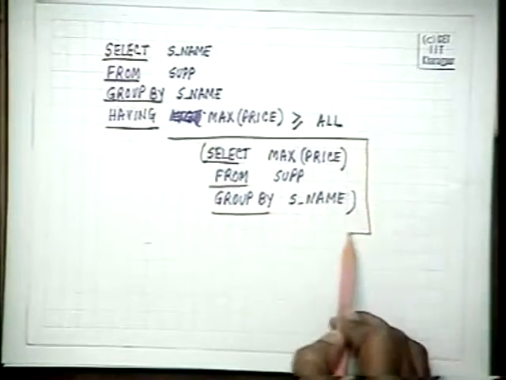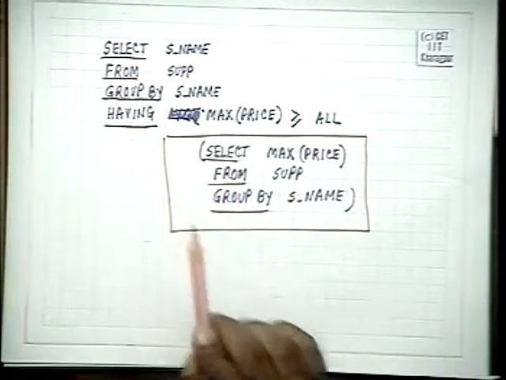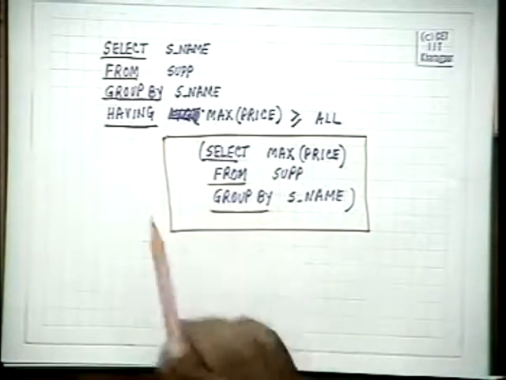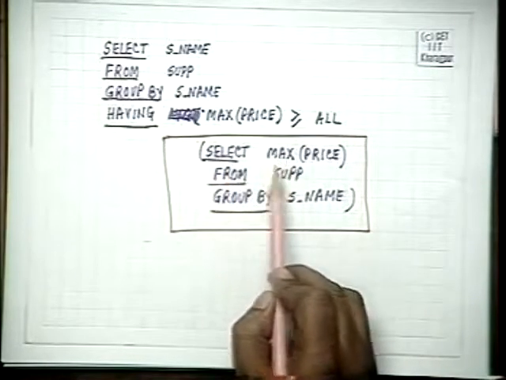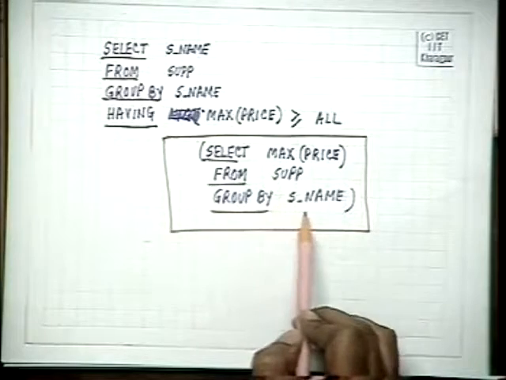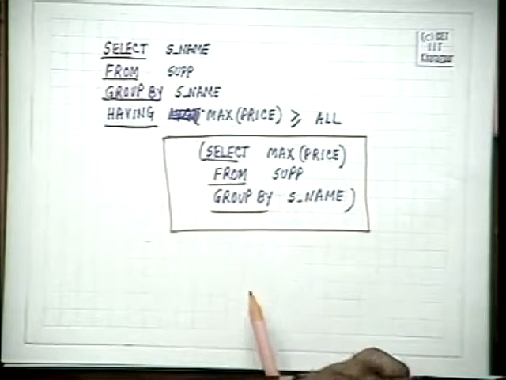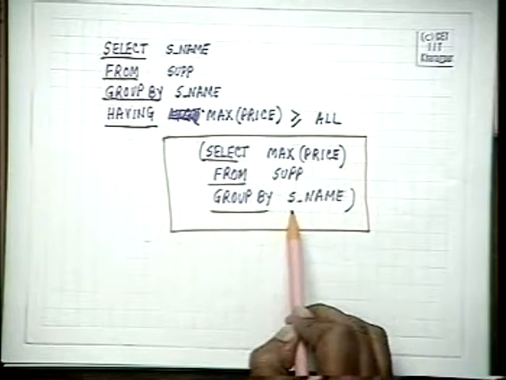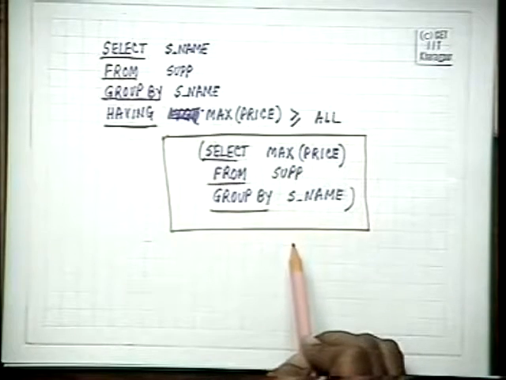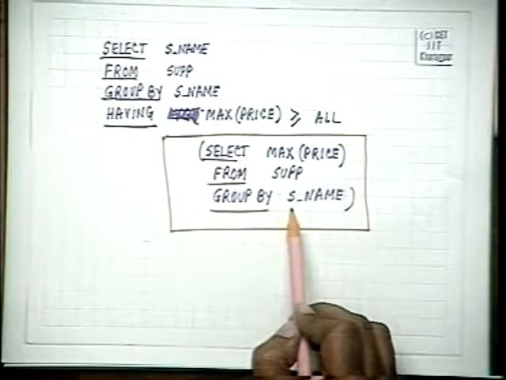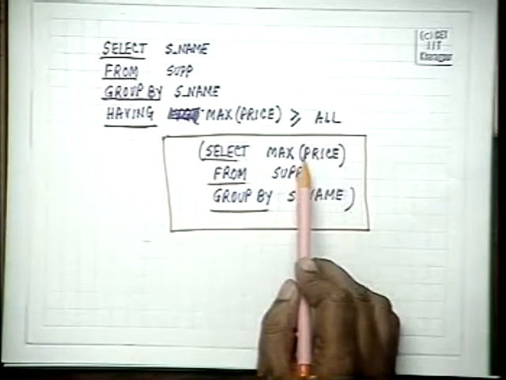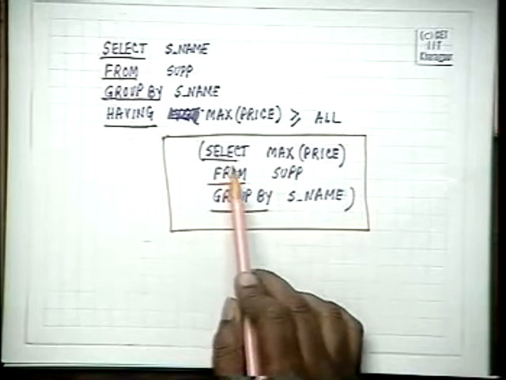This part will give us the list of maximum prices grouped by supplier's name. It will give us the list of maximum prices of all suppliers. So for every supplier the maximum price will be here, and this will give us a list of prices.